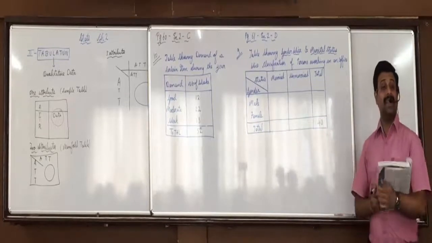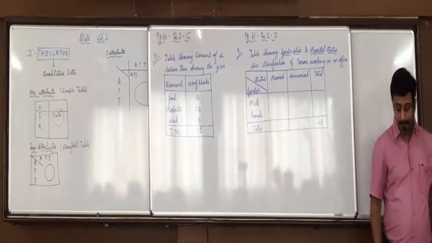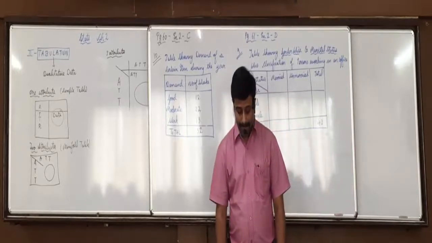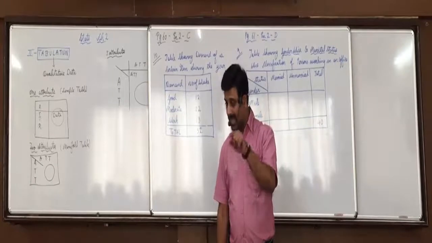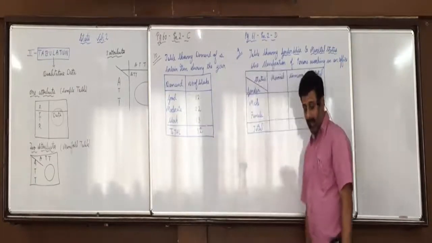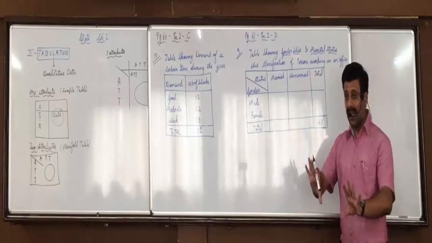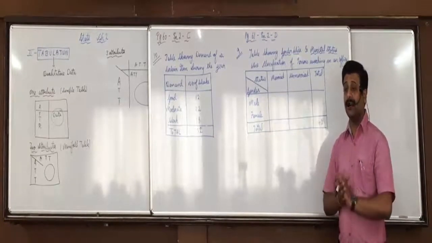Now 60% are females. Take out calculator, do it. 40 into 60. Do you have percentage button or key? Press that. 24. Keep it untouched. Who is not able to get 24? Raise your hand.